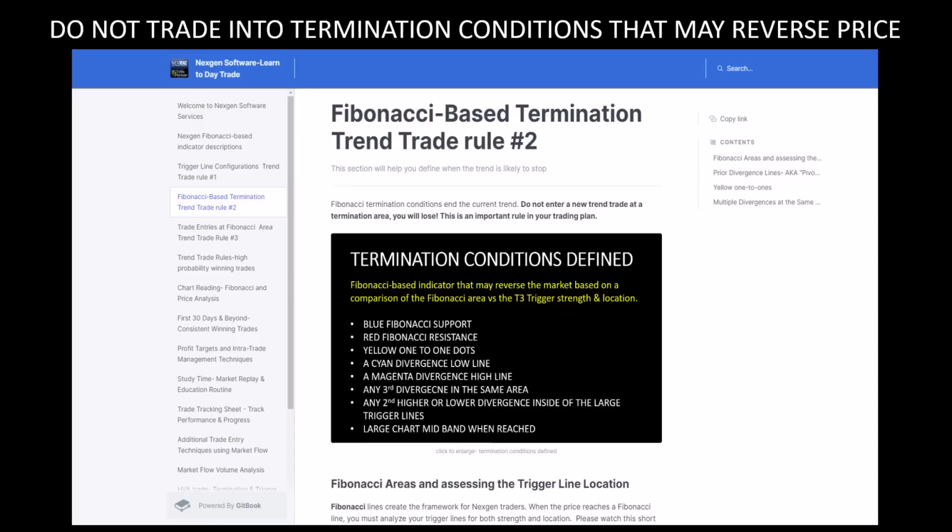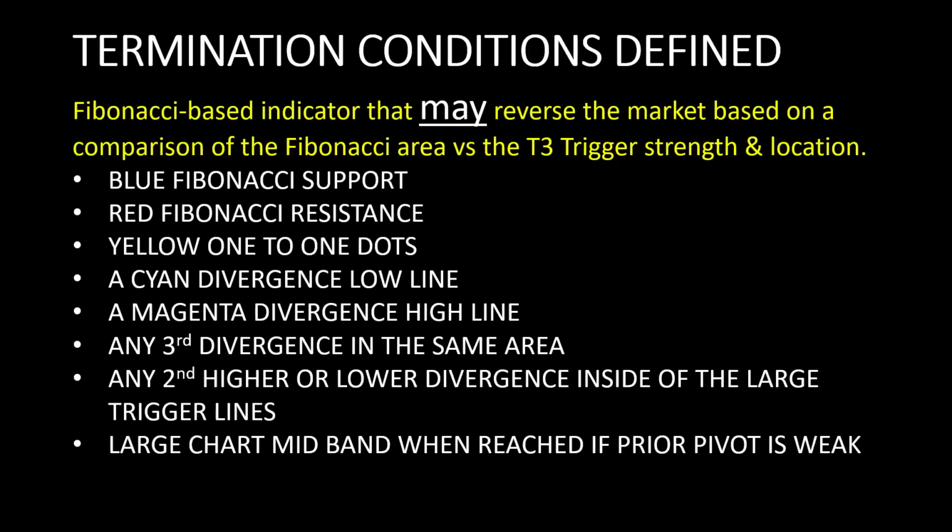And let's pull up this slide. Let's take a look at the termination conditions. And I want you to really grasp this concept because this is very important. A termination condition is the Fibonacci based indicators that may reverse the market. So not that they will or not that they have, but they may.